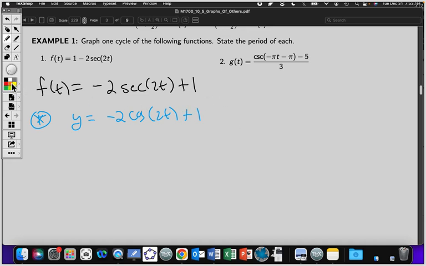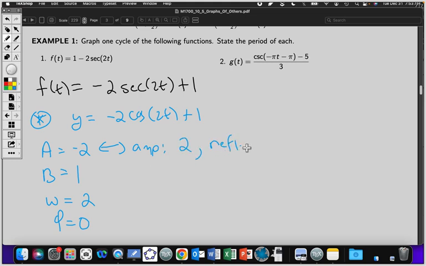Okay, so let's think about this in terms of the cosine characteristics. So we can see here that our a is -2, our b is 1, our omega is 2, and our phi is 0. This means that our amplitude is going to be 2, but we're going to have a reflection.